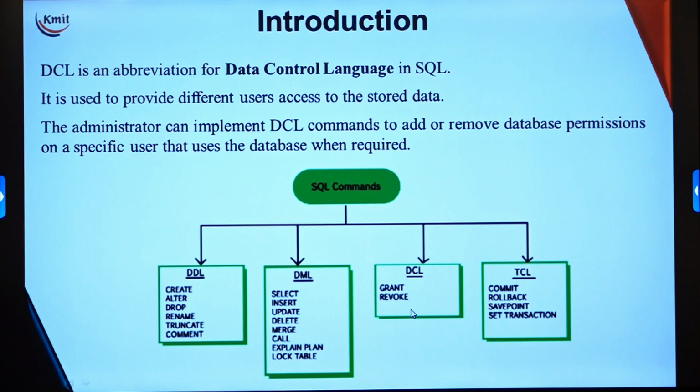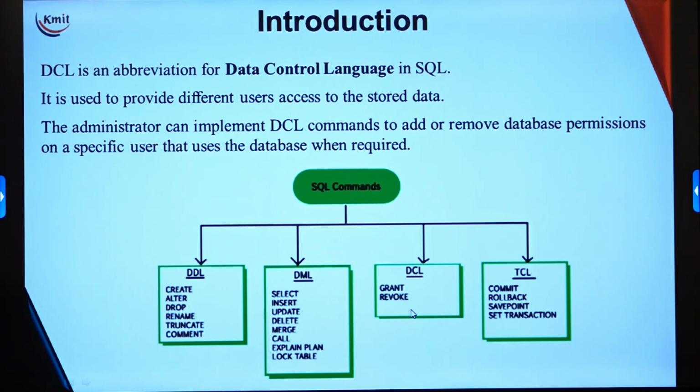When we say control, it is like allowing different users different privileges for access to the stored data. The database administrator can implement DCL commands to add or remove database permissions for a specific user who uses the database when required.